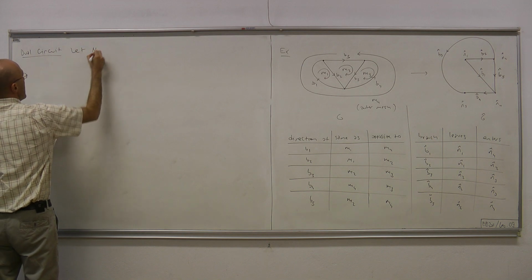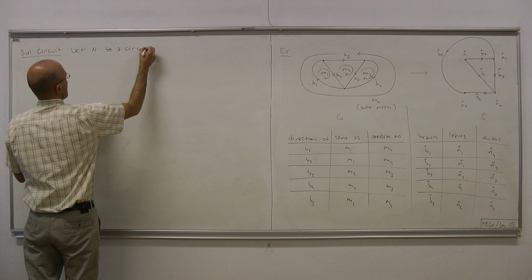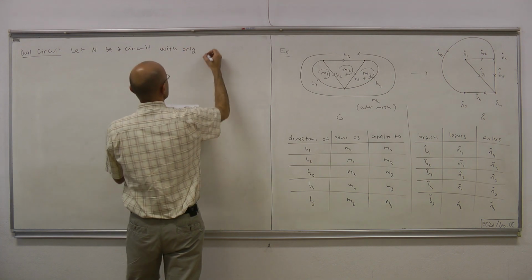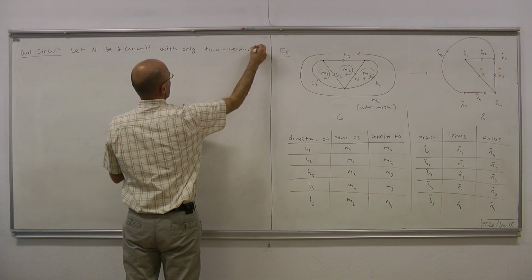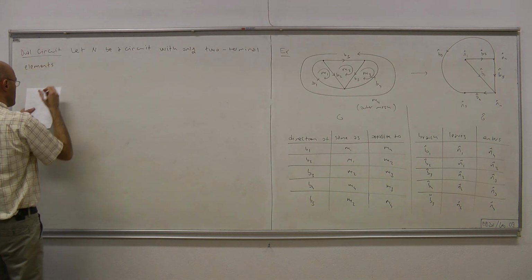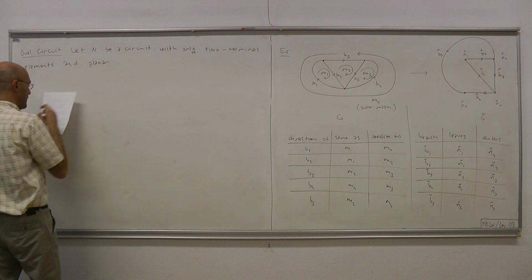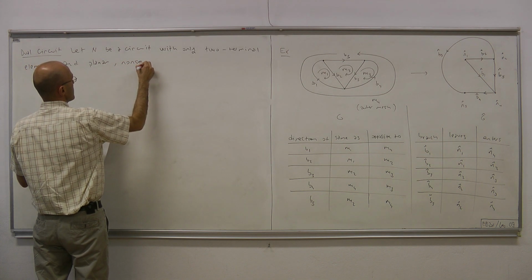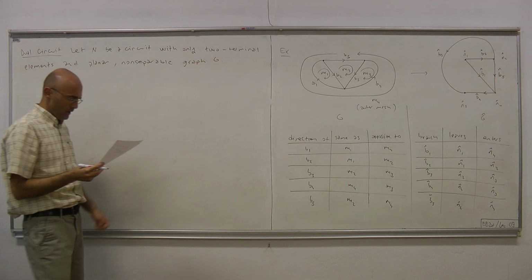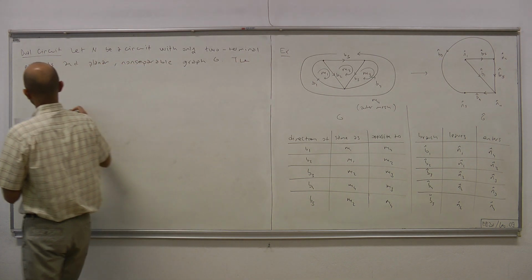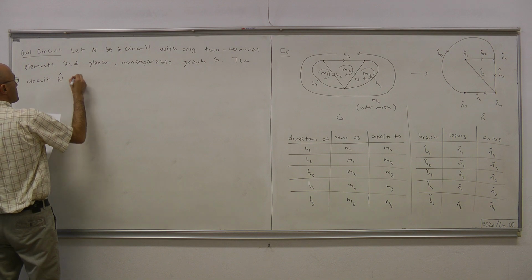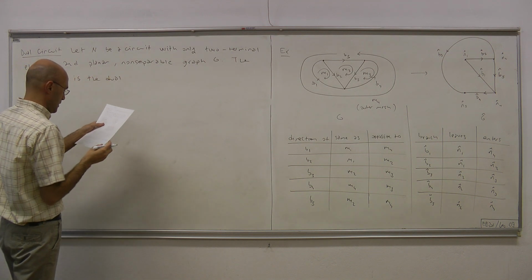Let N be a circuit with only two-terminal elements, or single-branch elements, components, and a planar non-separable graph, which we call graph G. The dual circuit, which we call N hat, okay, satisfies the following properties.